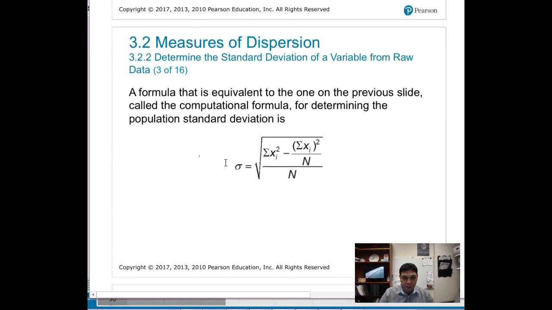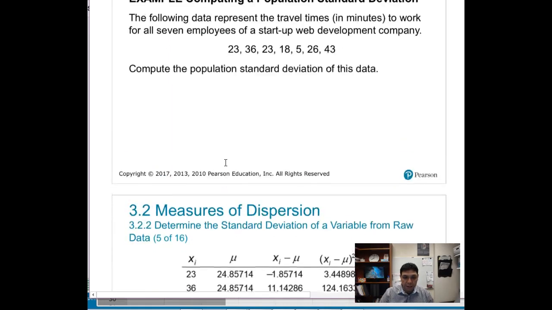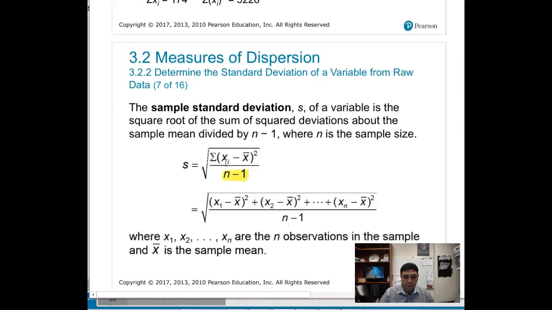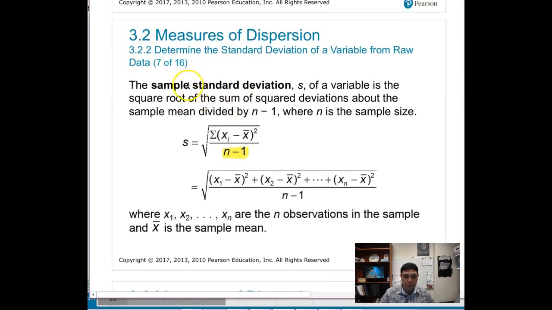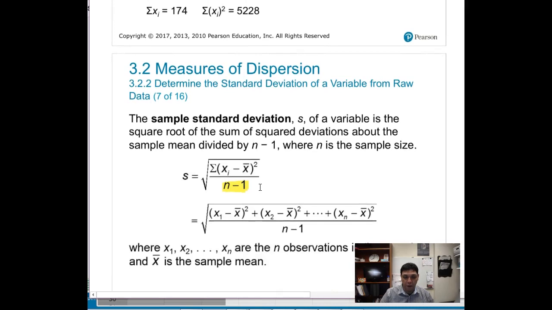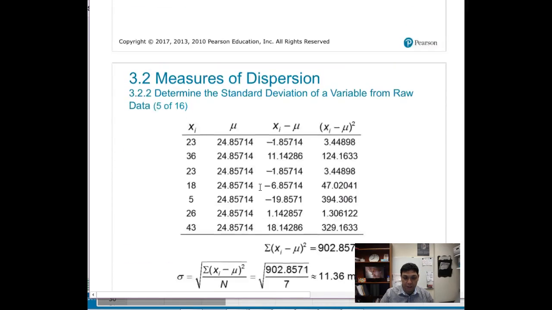That's different than if you take a sample and do a sample standard deviation. The formulas are identical, except you have this one here. It's been adjusted, divided by n-1 for the sample. That means you're taking data from a bigger group, and when you do that, we need to adjust because we don't have all of the data. So there's some adjustment there.